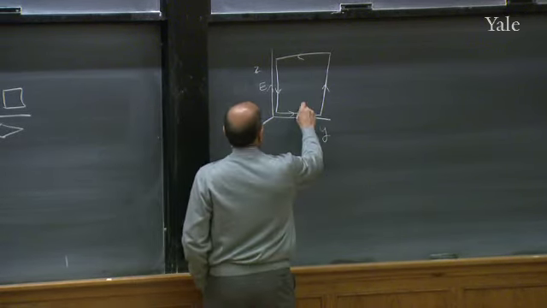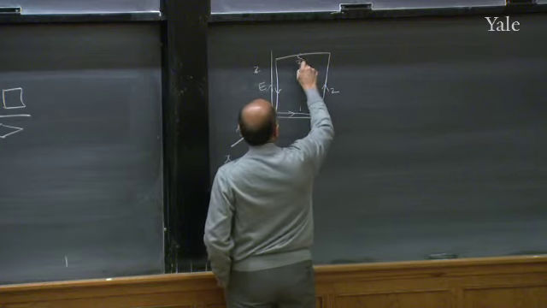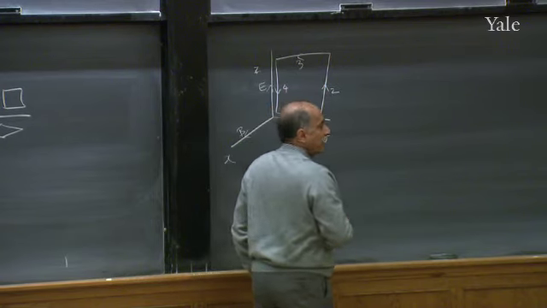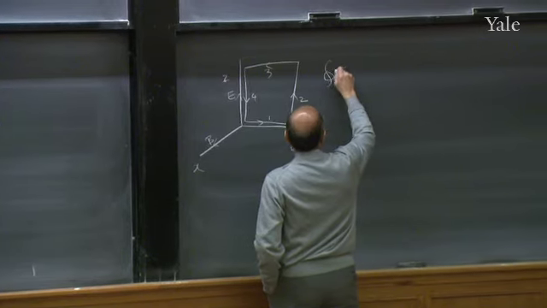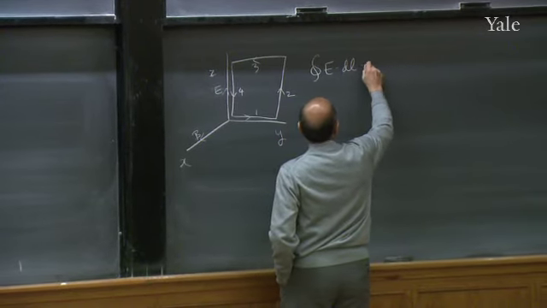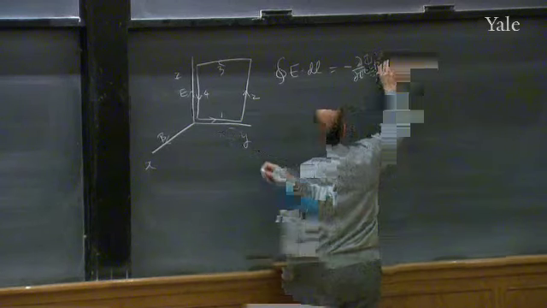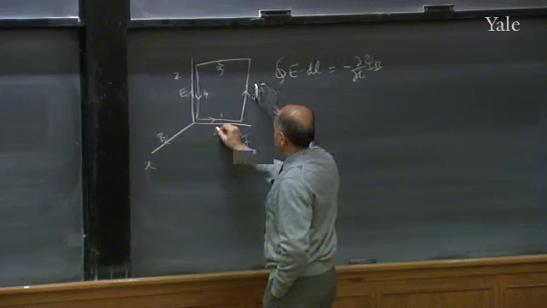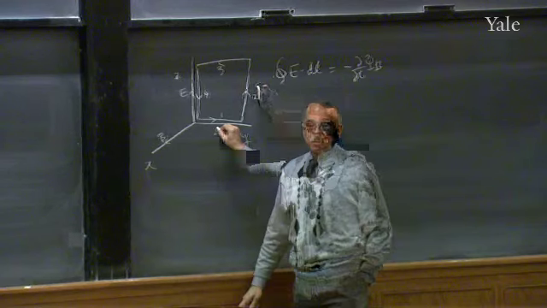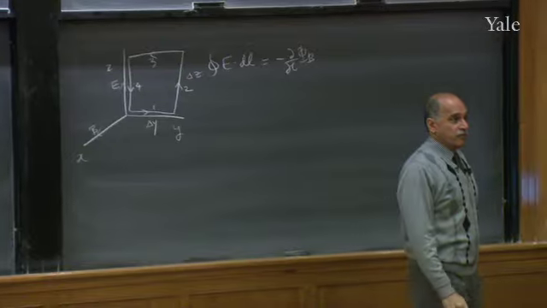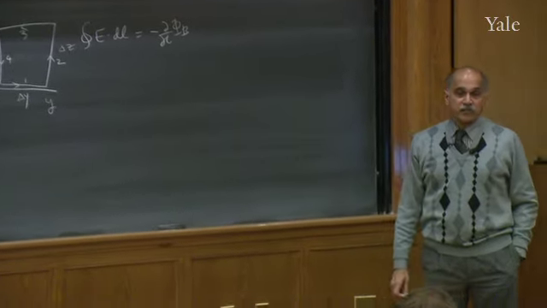So let me give the edges a name, 1, 2, 3, 4. And let's take the condition E dot dl is equal to minus d by dt of the magnetic flux. This is an infinitesimal loop. I've drawn it so you can see it, but it's infinitesimal.